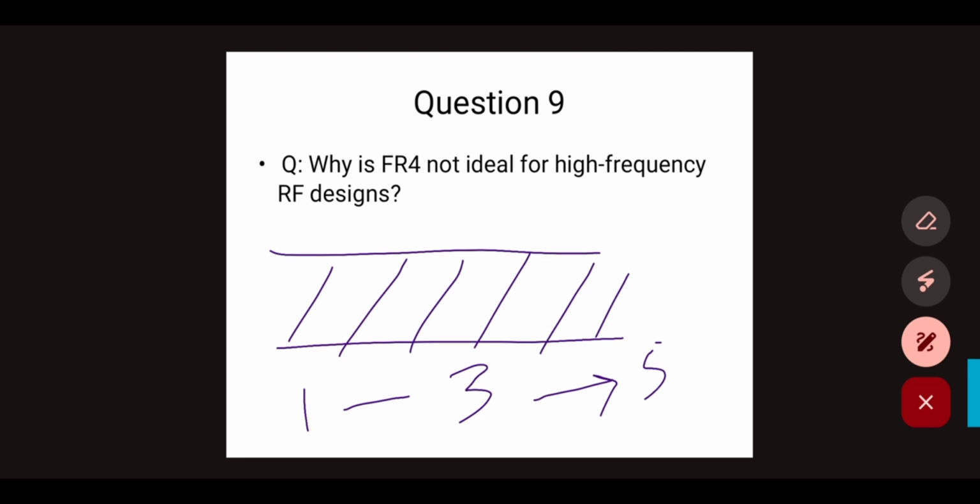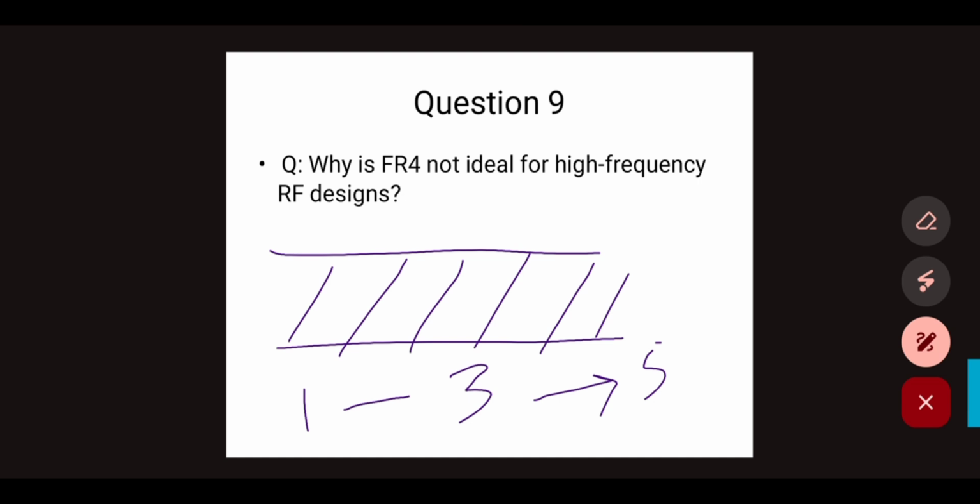And why do we use FR4? Because it's very cheap. I have also purchased a few single layer and two layer pieces. This is a copper clad made of FR4, and it is very cheap, around 20 to 30 rupees for a 50 centimeter by 10 centimeter FR4 copper plate.